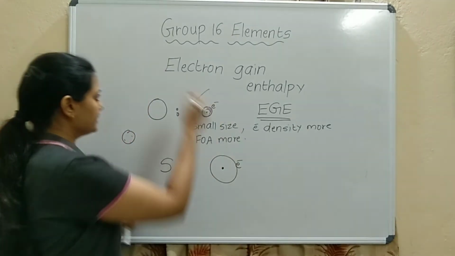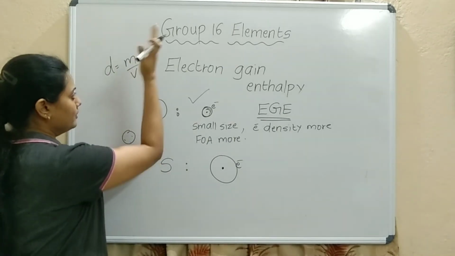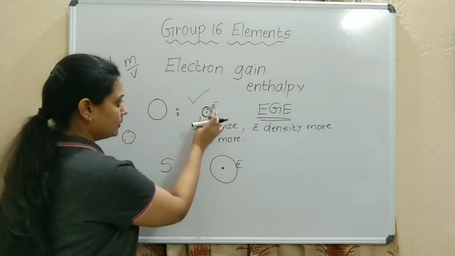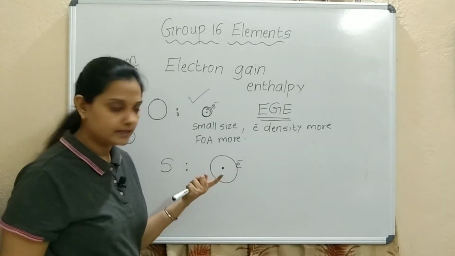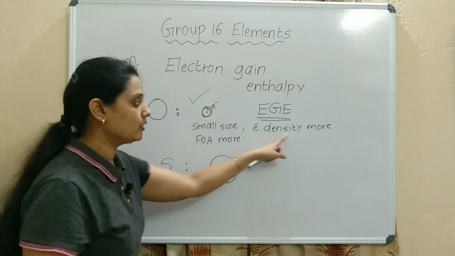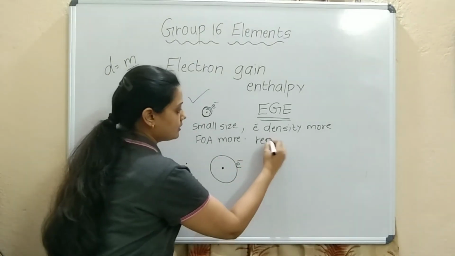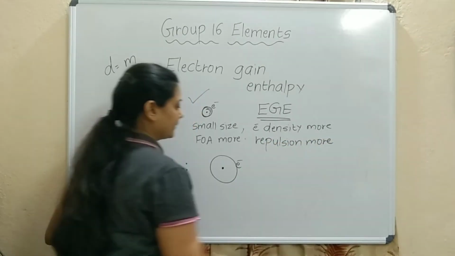And moreover we know this also, density is equal to mass by volume. Volume increases, density decreases, inversely proportional. So volume decreases, density increases. Correct? So what is happening? Electron density is more in case of oxygen, so repulsion is also more.